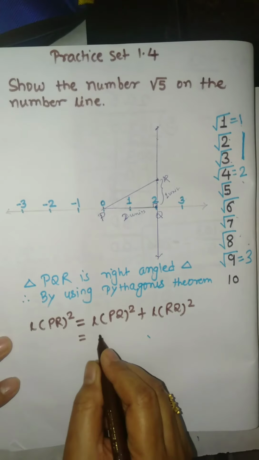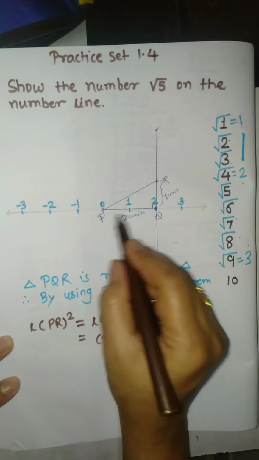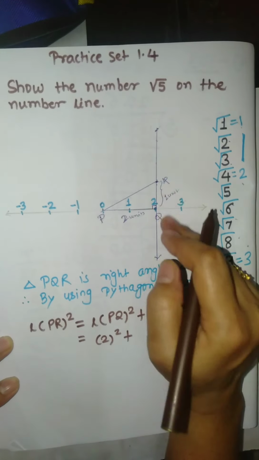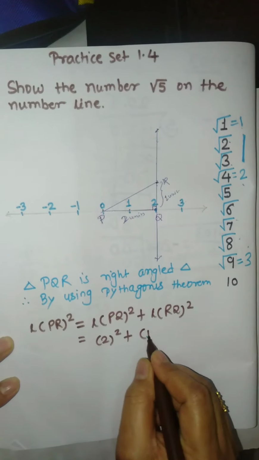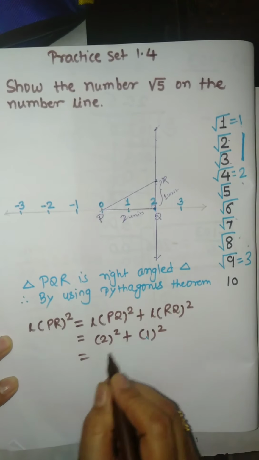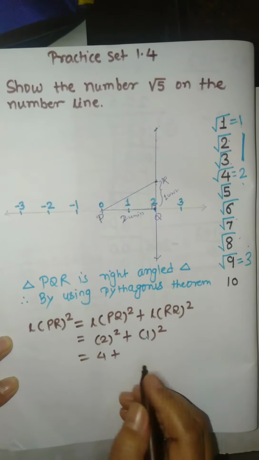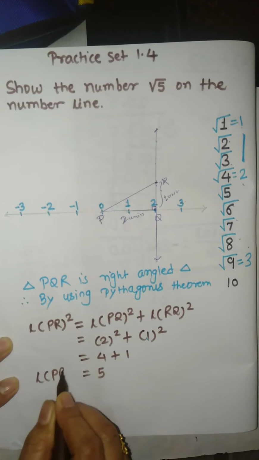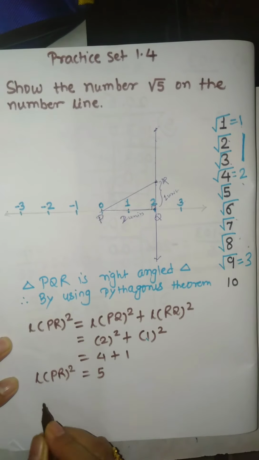So PQ square is 2. What is the value of PQ? 2 units. 2 square. What is the value of RQ? It is 1. So 1 square. Correct? So 2 square is 4 plus 1 square is 1. That is 5. This is the length of PR square.